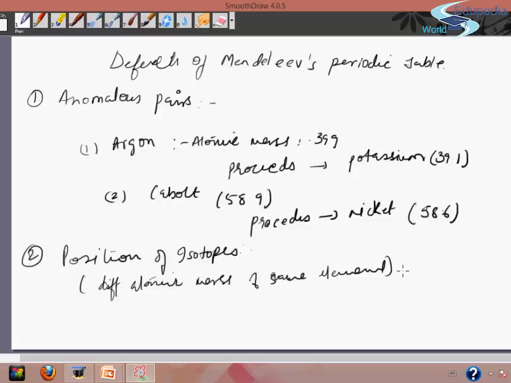If the elements are arranged according to atomic masses, the isotopes should be placed in different groups of the periodic table because they have different atomic masses. So the isotopes were not given separate places in Mendeleev's periodic table. According to the Mendeleev periodic table, the isotopes of an element must be given a separate place since they have different atomic masses, but they were not assigned a separate place.